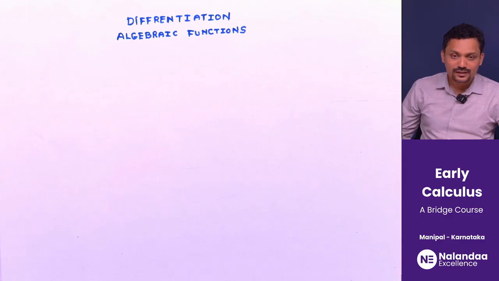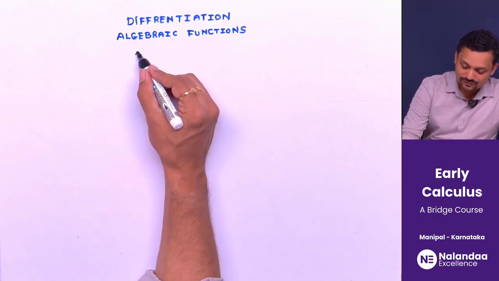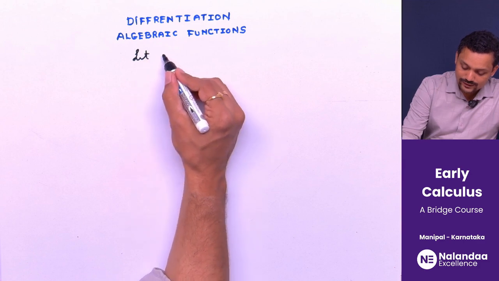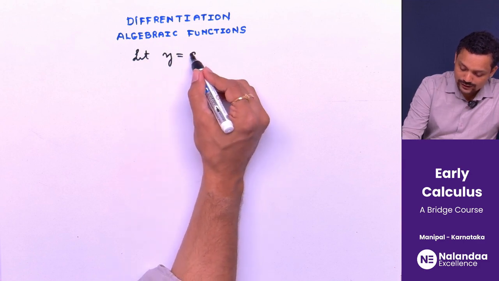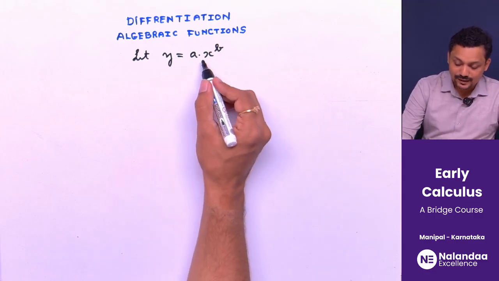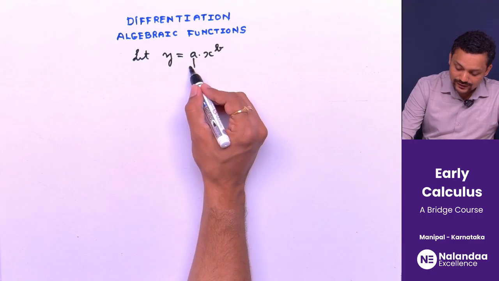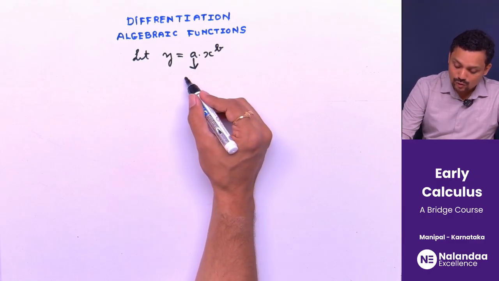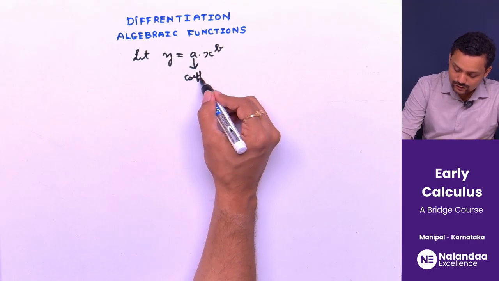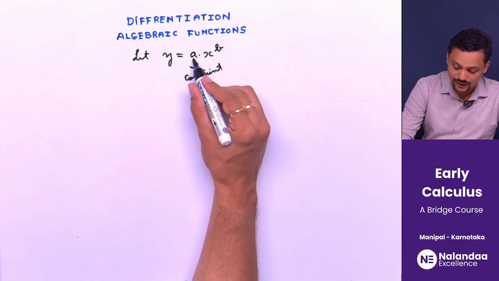Now we talk about differentiation or finding derivatives of algebraic functions. Now let us consider an algebraic function of the form y is equal to a into x power b. So this is an example for an algebraic function. In this, a is called coefficient or just constant.